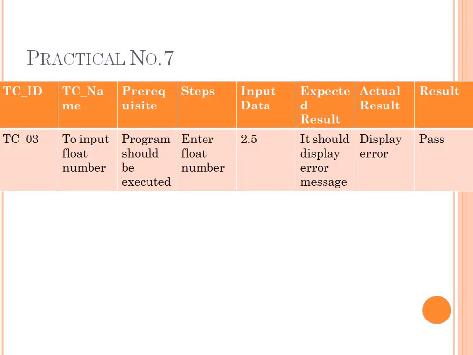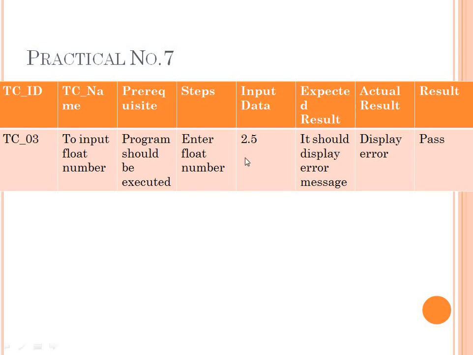Then the third test case is to input float numbers. The prerequisite is that the program should be executed. The step is to enter a floating number. Here we only enter a floating number, not an integer. The input data is 2.5. The expected result is that it should display the error message.